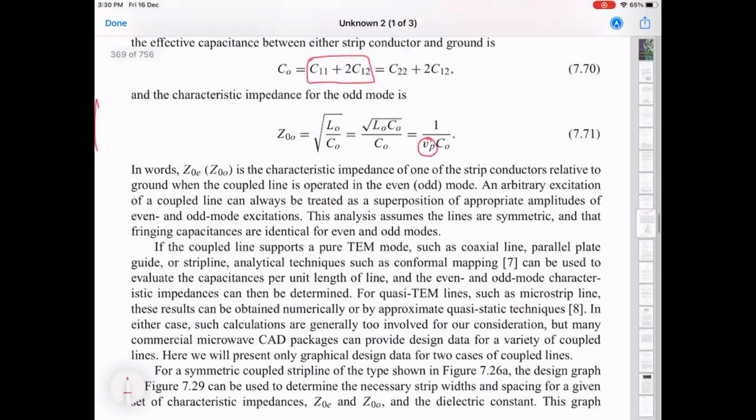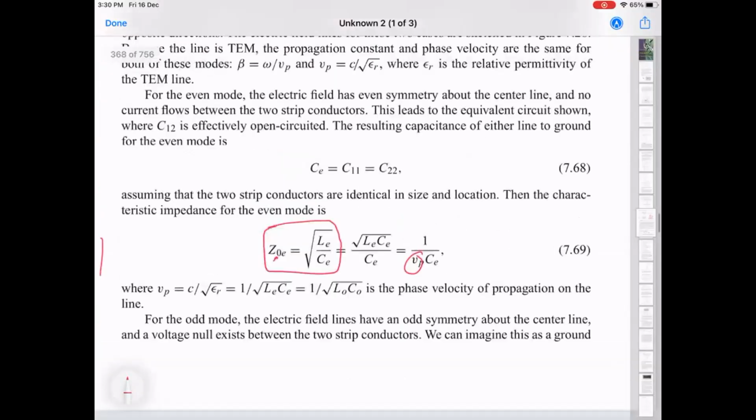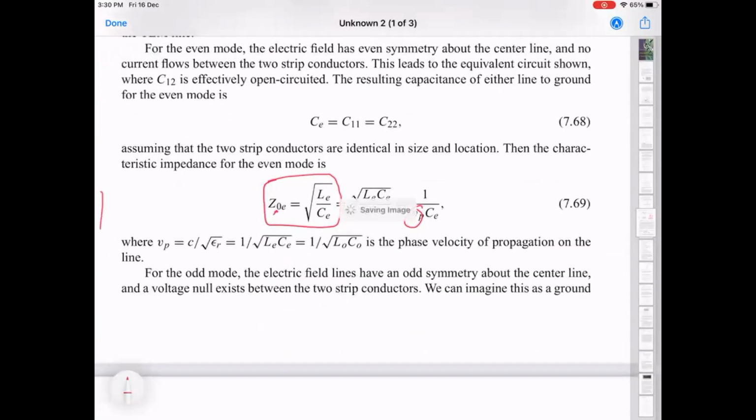So if we go back to this formula here, the even mode impedance was only related to C11 or C22, and that has remained the same. So this even mode impedance is going to be the same as whatever the impedance was, because C11 and C22 are the individual capacitances per unit length.